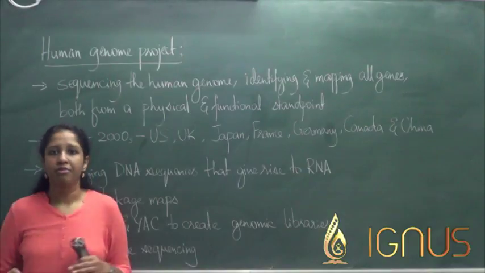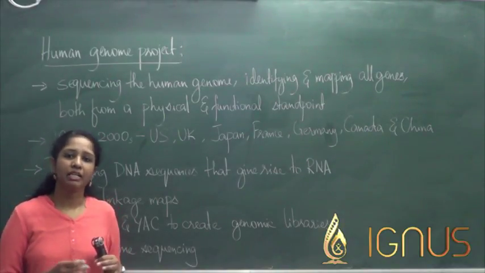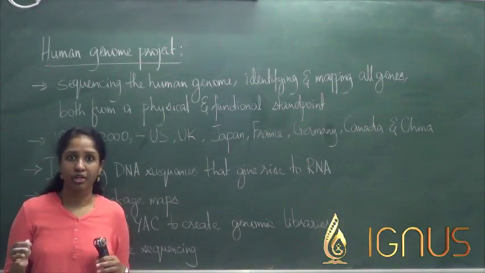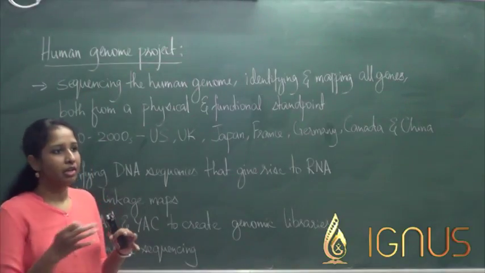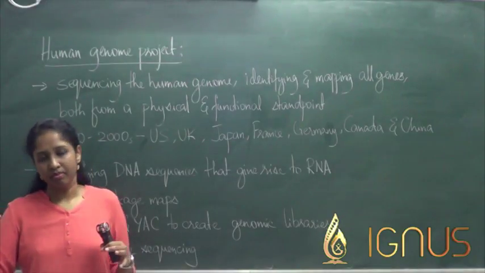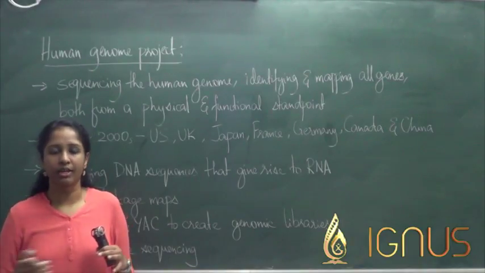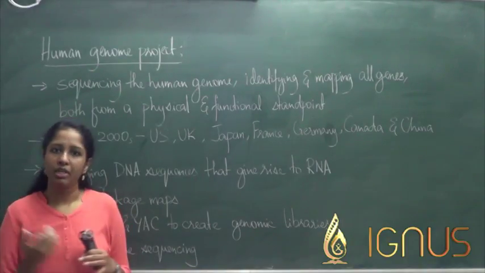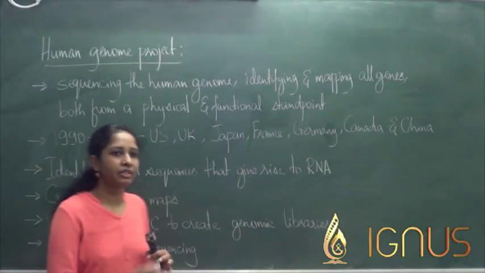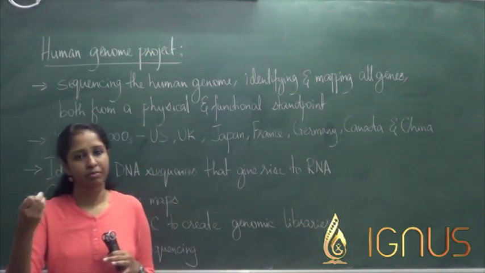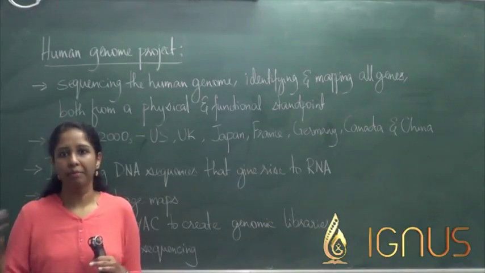Also mapping from the functional standpoint, meaning how recombination is going to occur. So how is it going to get passed on from one generation to another generation? How is it going to affect a population? How is it going to affect a specific trait from being seen or not being seen?